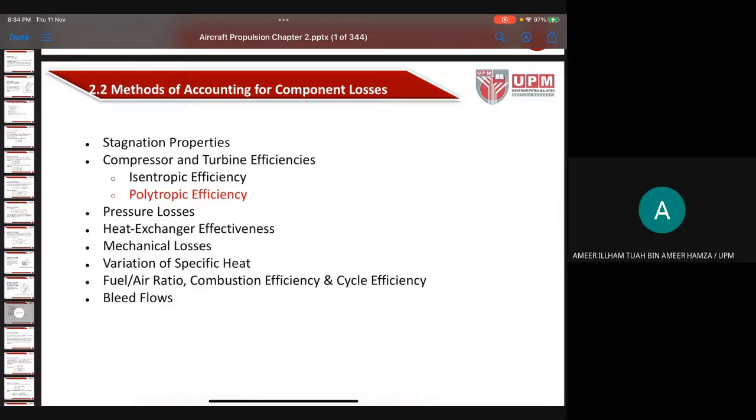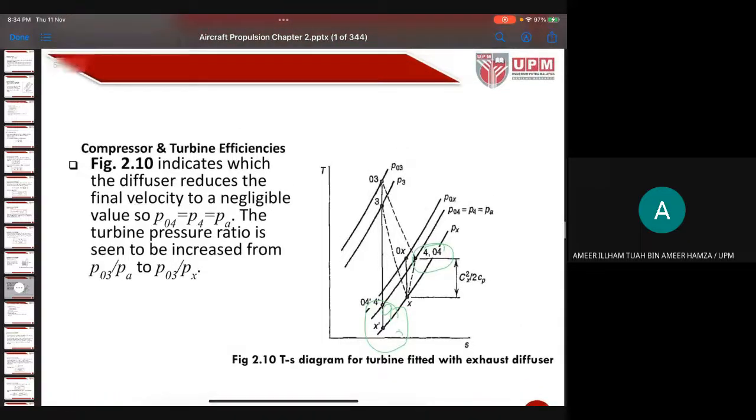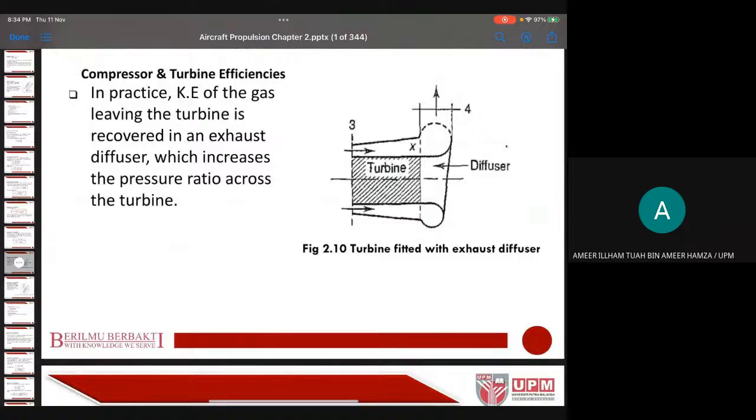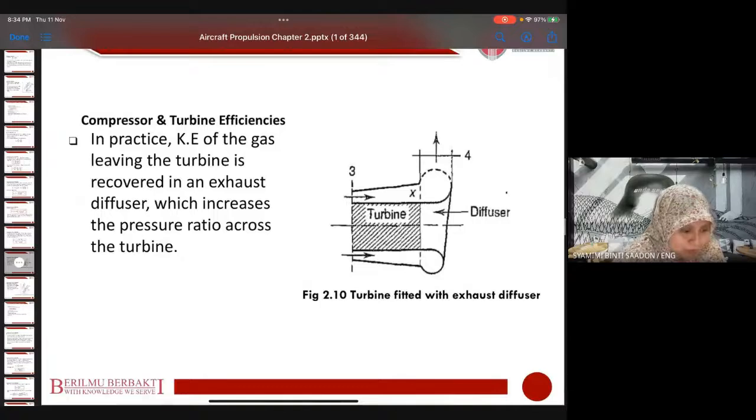Doctor, just now you mentioned the diffuser and the stagnation point. Is there any specific area where the diffuser is located? From here, the kinetic energy of the gas leaving the turbine is recovered in an exhaust diffuser, which increases the pressure ratio across the turbine.